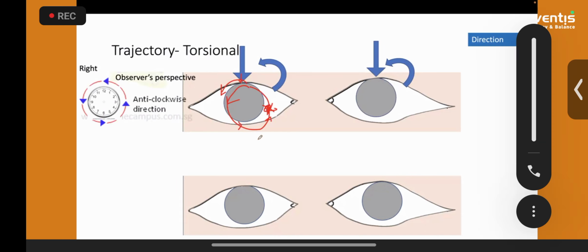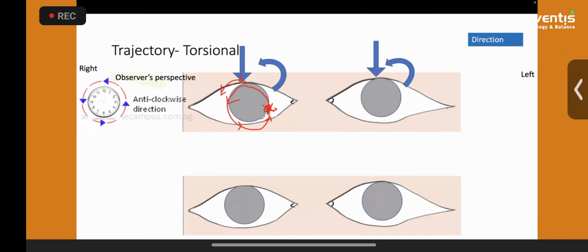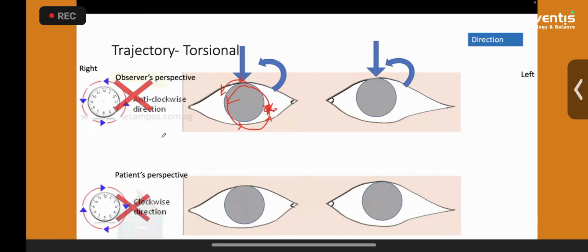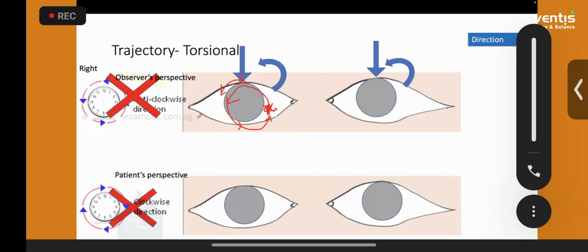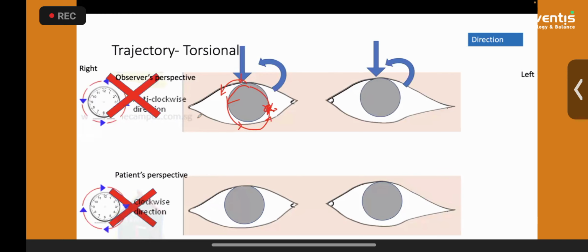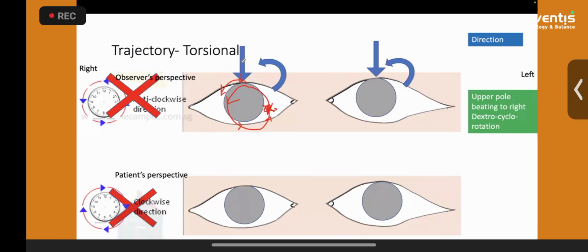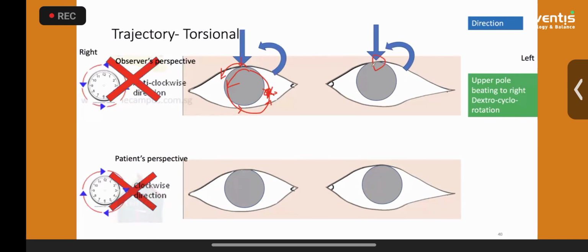Now I will tell you what is the fallacy of this particular from the patient perspective. If you are a patient, from the patient perspective, actually this is clockwise for the patient himself or herself. That is the problem with this clockwise and anti-clockwise terminology. That's why Barany Society came up with the consensus that we should avoid the terminology like clockwise and anti-clockwise, and the terminology used should be upper pole of the eye beating towards the right side or towards the left side.